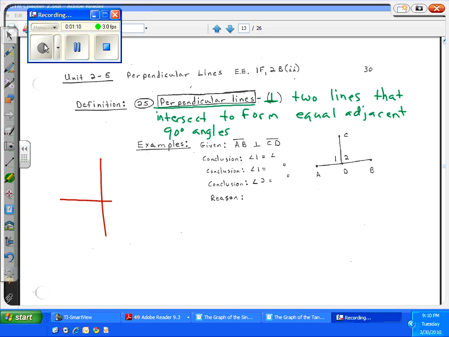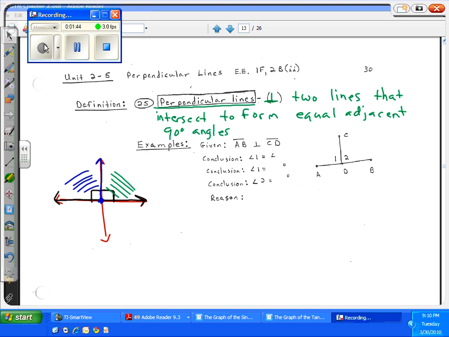Now, if we actually had lines, then they would go forever, you see. And if this angle right here is 90, then the one beside it's got to be 90 because a straight angle is 180 degrees. And these two angles are angles in the same plane with a common vertex and a common side and no common interior points, so they're adjacent angles.